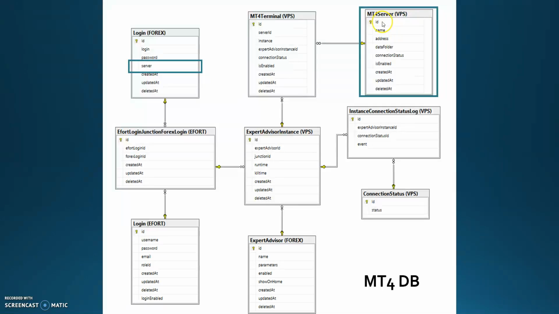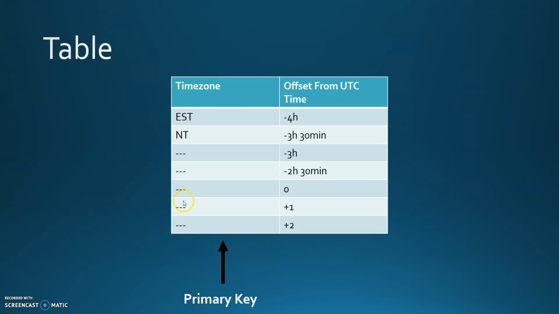But anyways, here we could have, I believe, the MT4 server table in this database, which has the ID of the server, the name, and things like that, and then this is where we can add a time zone column here, and then it will be associated with the server and the server ID, and then we'll have the table, as you saw here. The primary key will link to the foreign key in that table, and then that'll be it.